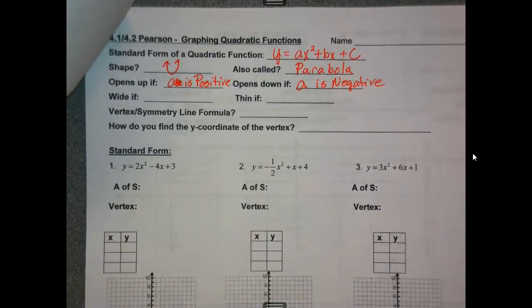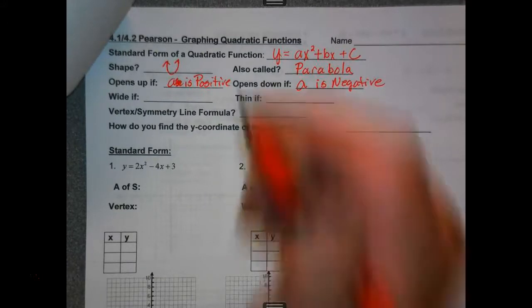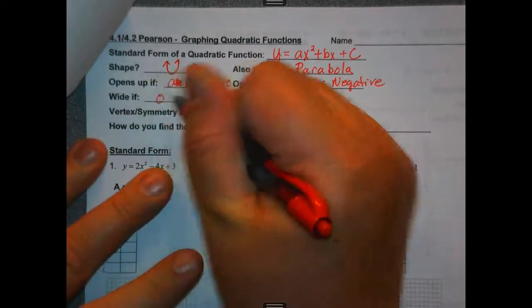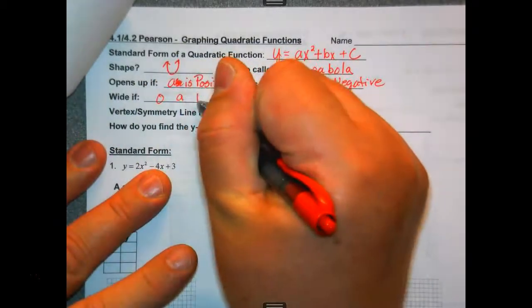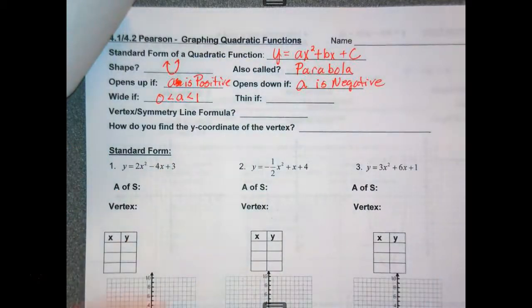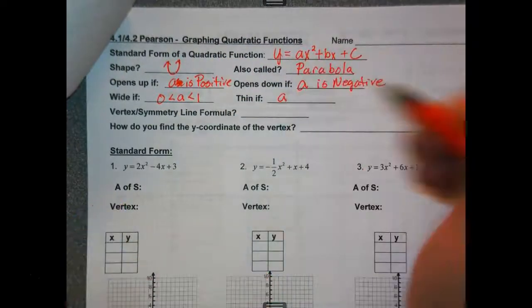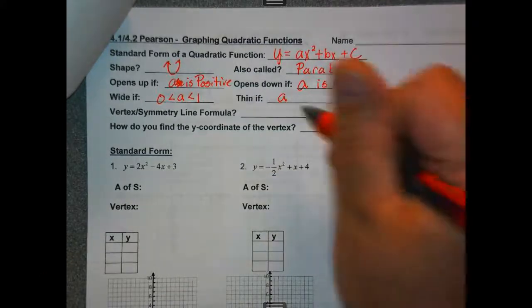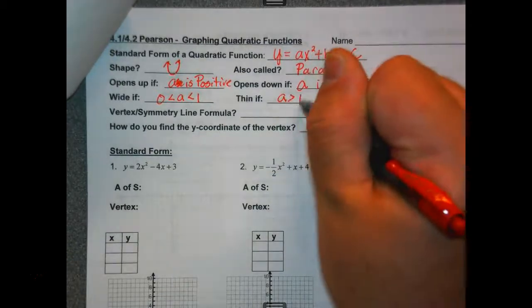It's wide if, when is it wider? A is a fraction between 0 and 1. And it's thinner if A is bigger than 1.